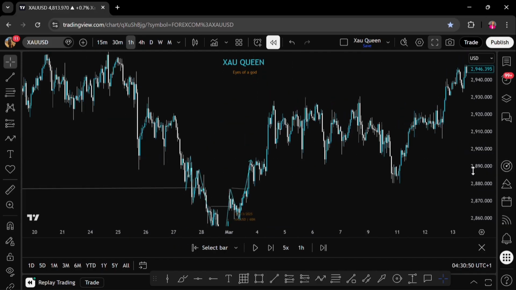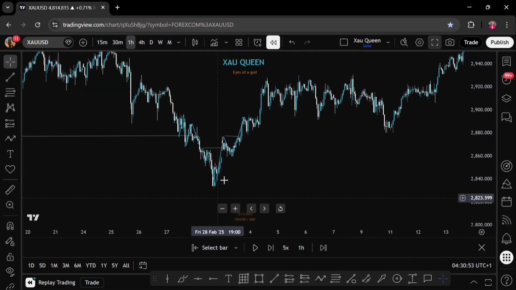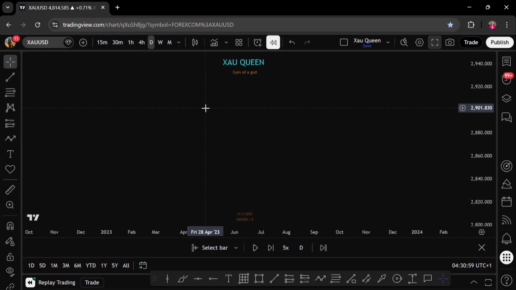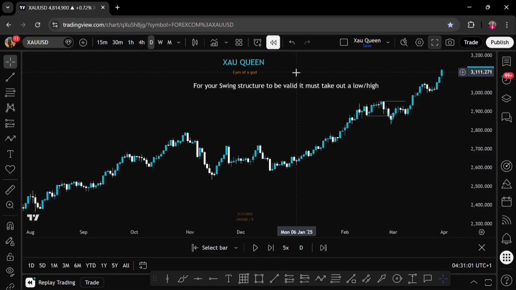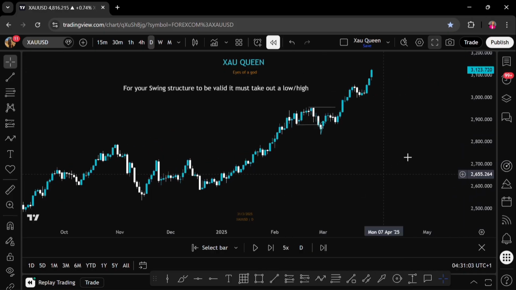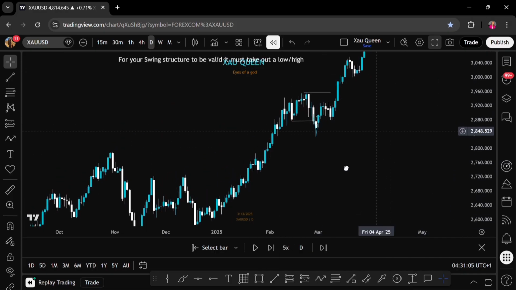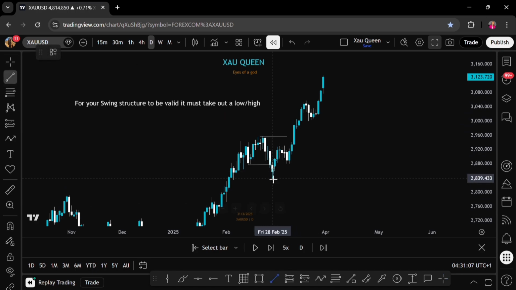Now, all these things you are seeing are what? Internal structure. Sorry, let me do something. For you that are just starting, it's always best to mark out your swing low so that you don't get confused by every other thing that is happening.